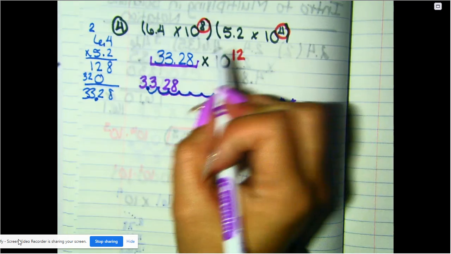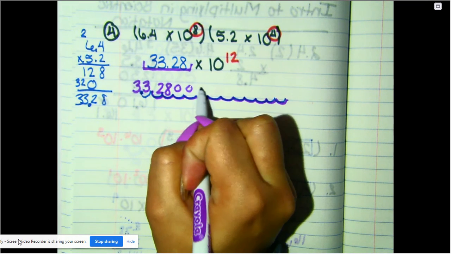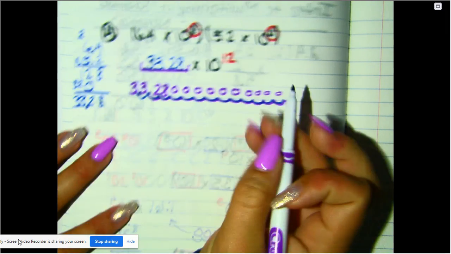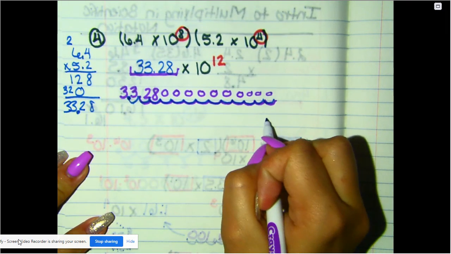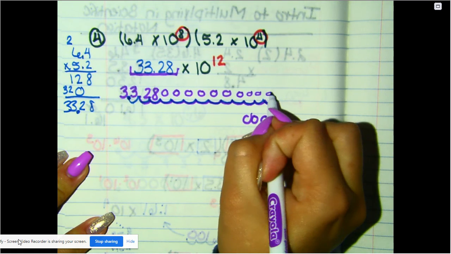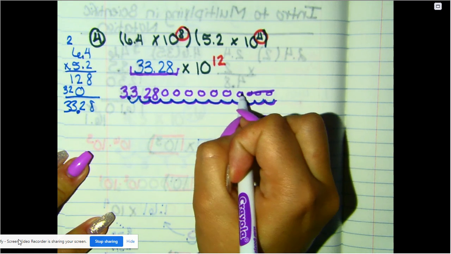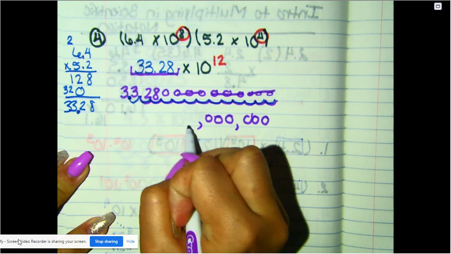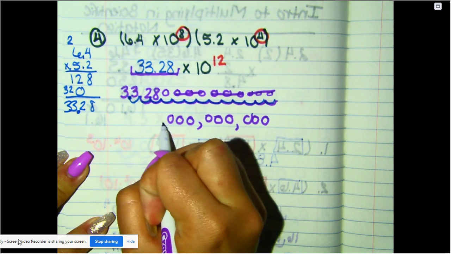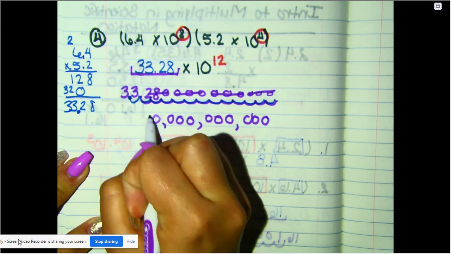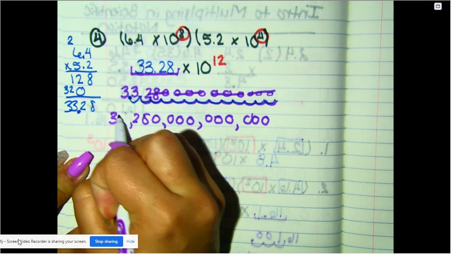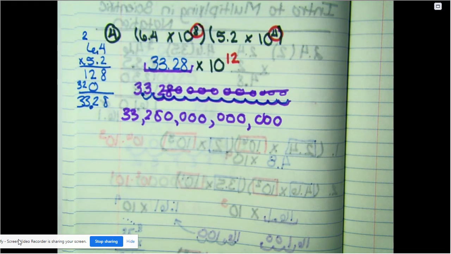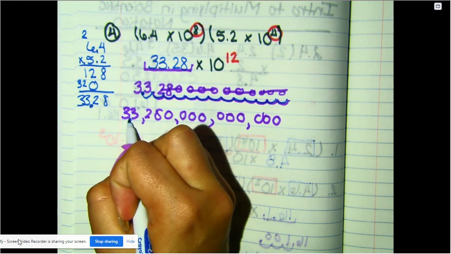Or if you prefer, going ahead and writing in the zeros. And then writing out the number. Okay, then knowing that your decimal point was supposed to go between the 2, 3, so it reads 3.3.